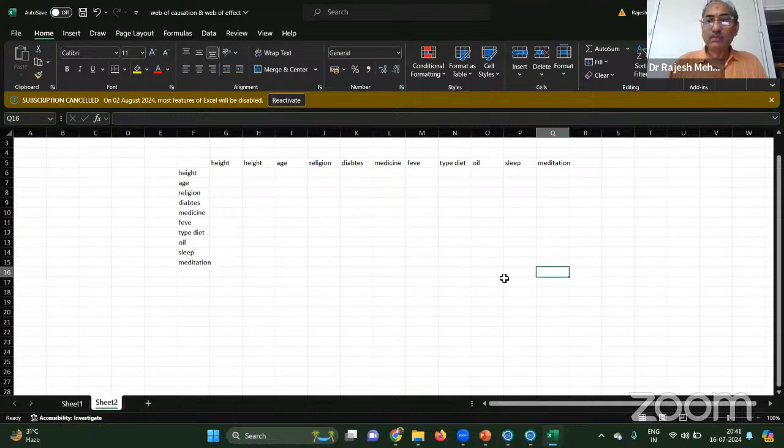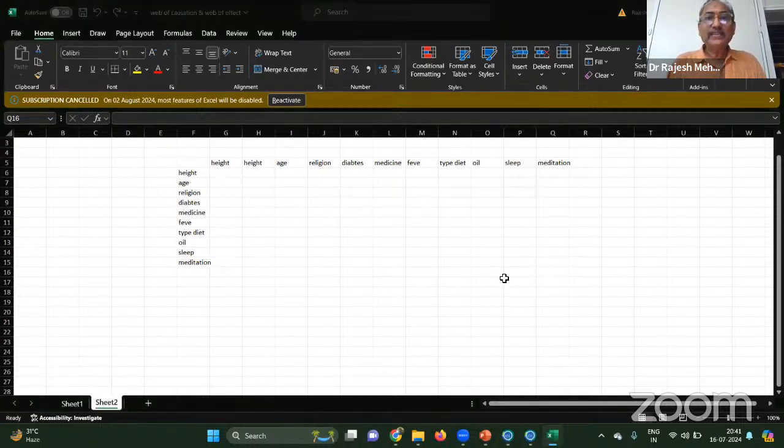Any answer? I think you are allowed to at least write down in the chat box. Please answer. If you have 10 variables with you, 8, then what else? 100, very good. What else? 800. Any other answer?